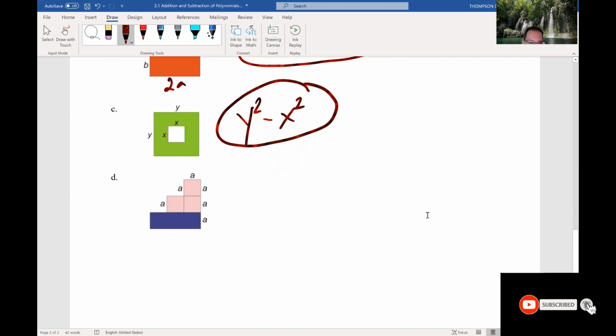And the last one, we have the top square, which is the pink, which is going to be a by a, it's going to be a squared. Then the middle row, there's 2a squared. And then the bottom row, it's just 3 a's across by a, so it's going to be 3a squared.